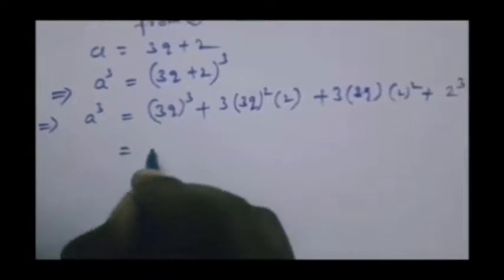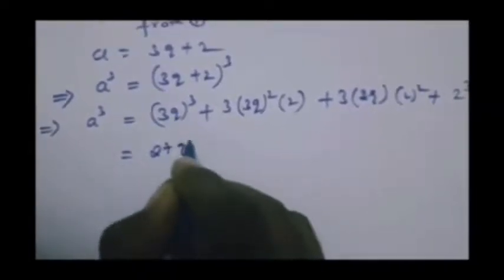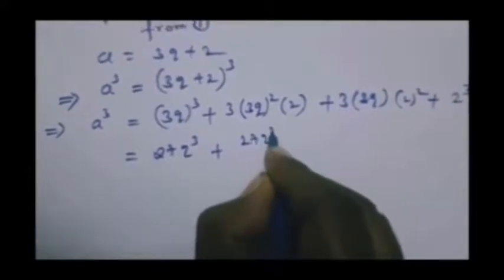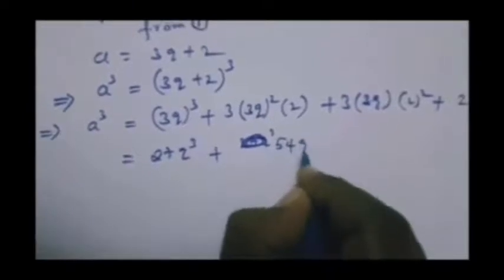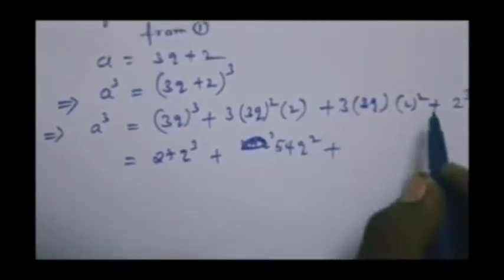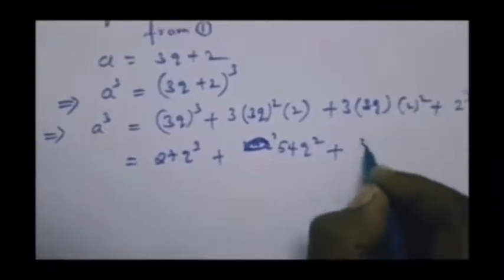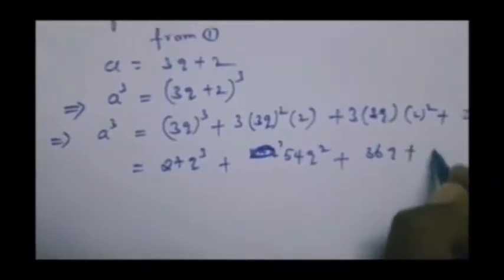Simplify this: 27q cube plus 54q square plus 36q plus 8.